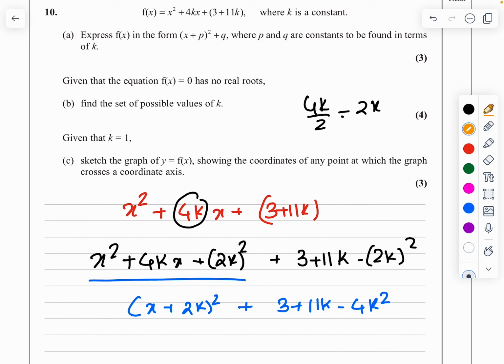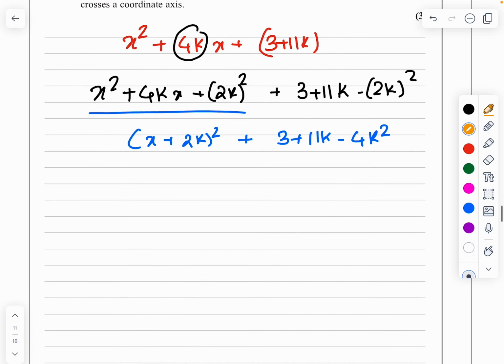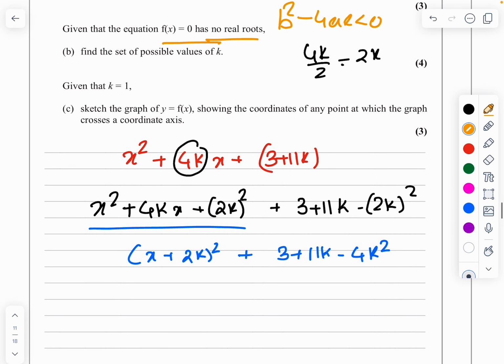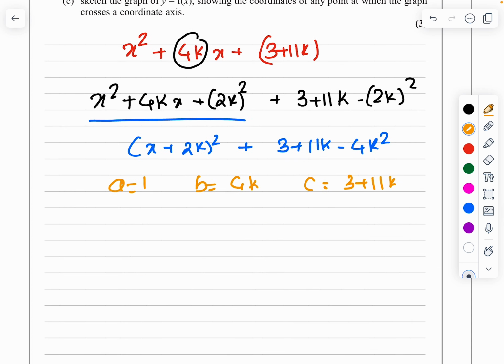Now given that f of x equals 0 has no real roots, means b square minus 4ac is less than 0. So a is 1, b is 4k, c is 3 plus 11k. So it is less than 0.